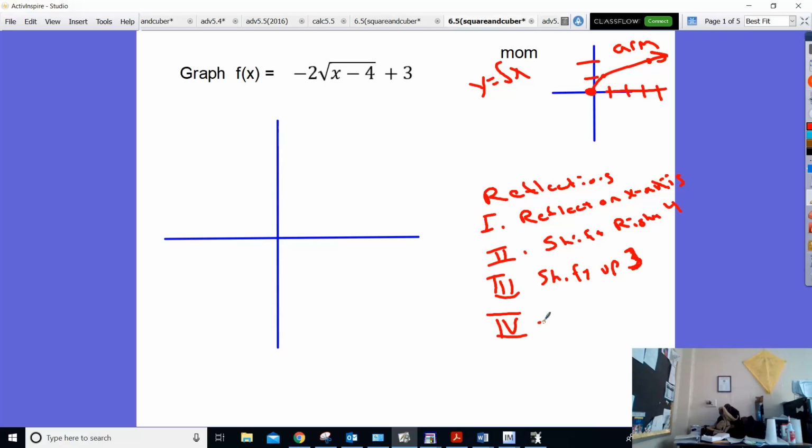Yeah, it's going to be twice as tall. There's a y value out there in front of that thing that is 2. That's going to double all your y values. That's a vertical stretch. There's a way to teach this by modifying points, but I just don't want to do that.